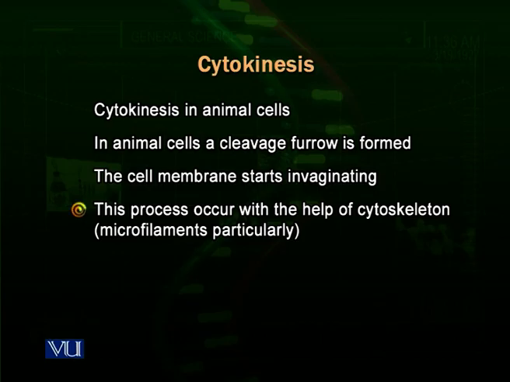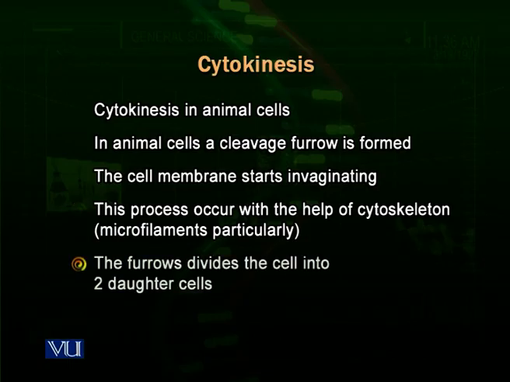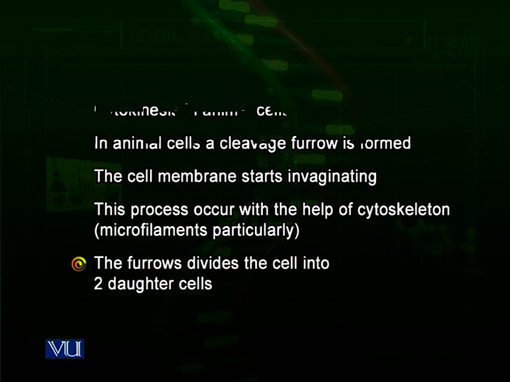They contract and pull the plasma membrane towards the inside, and ultimately this invagination from all the sides joins and divides the cell into two daughter cells. Now the division of the cell is complete, and both cells are called daughter cells. These cells have an equal number of chromosomes and almost equal quantity of the cytoplasm, organelles and all the other things.